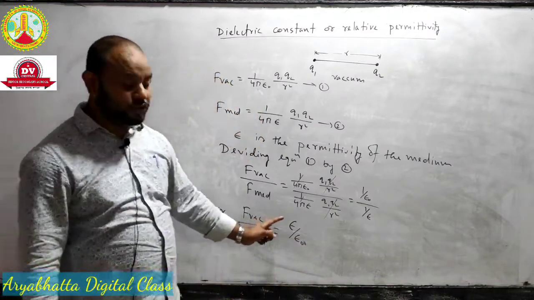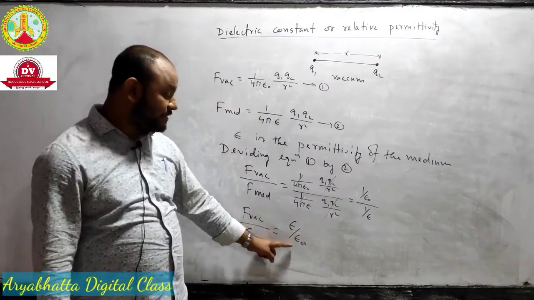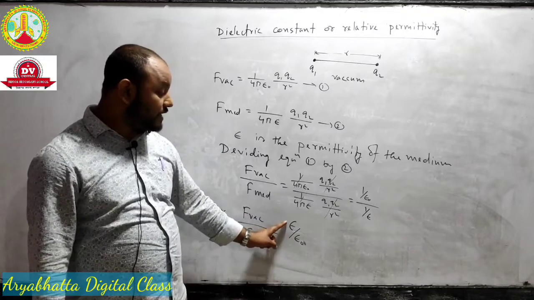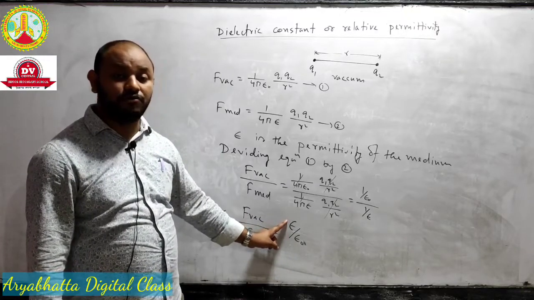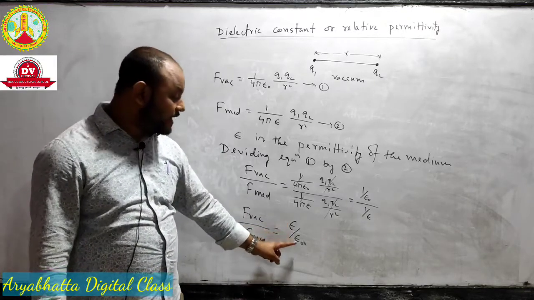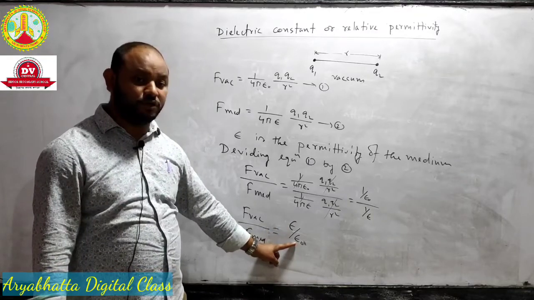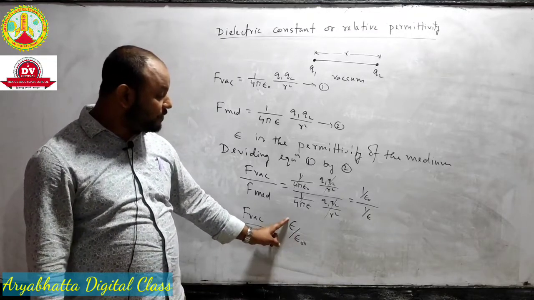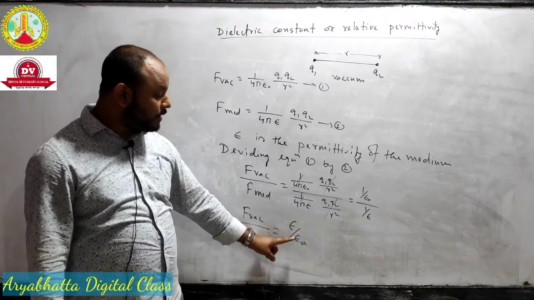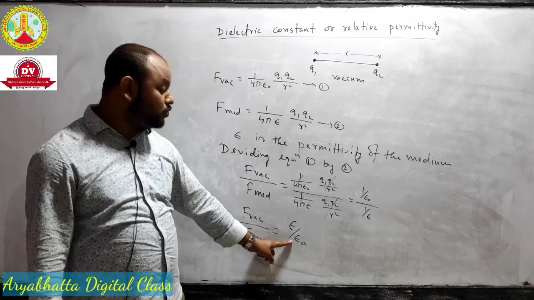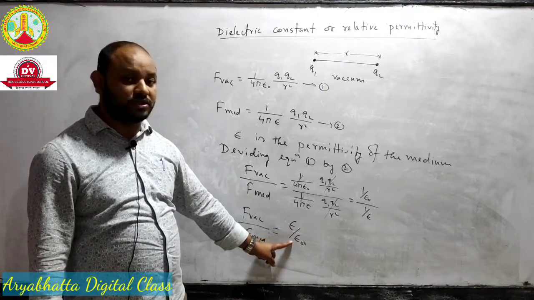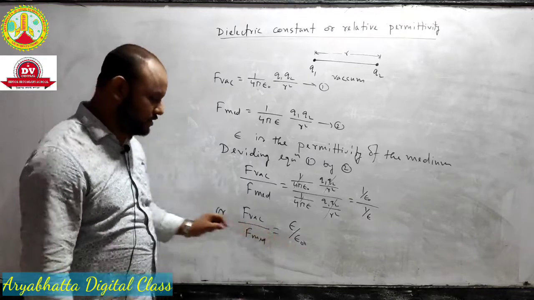This ratio epsilon by epsilon naught: epsilon is the permittivity of a medium, and epsilon naught is the permittivity of free space. This ratio of permittivity of a medium to permittivity of free space is known as dielectric constant or relative permittivity.